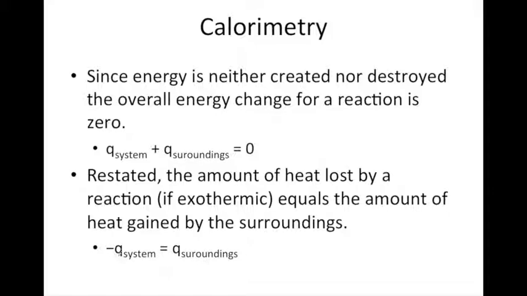The negative sign means that the heat is being lost by the system, and that's equal to the heat gained by the surroundings. Or if we state it another way, the heat gained by the system would be equal to the heat lost by the surroundings. In other words, the heat must be constant. But here again, we're talking about a transfer of heat.